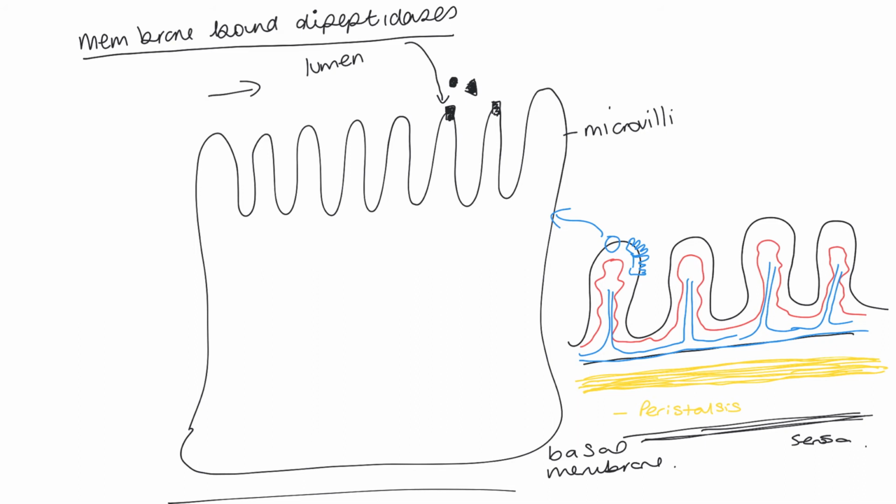So we need to travel from here to here. So this is a two-step process. So let's first start by talking about the active transport. So what essentially happens is, up here in the lumen, we've got lots and lots of amino acids, and we've got lots and lots of sodium ions.